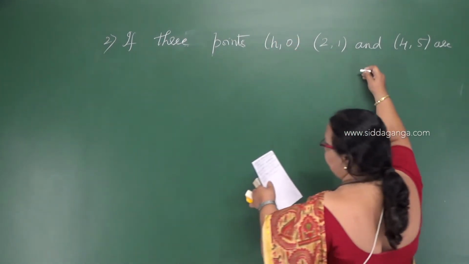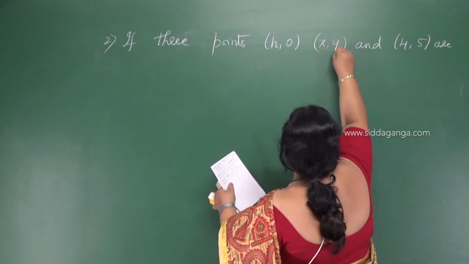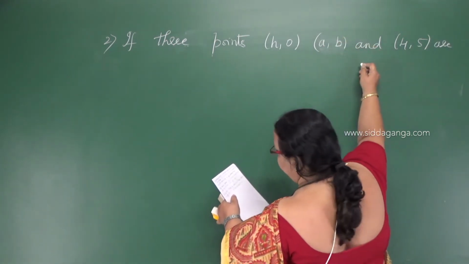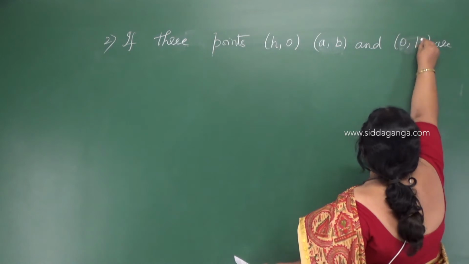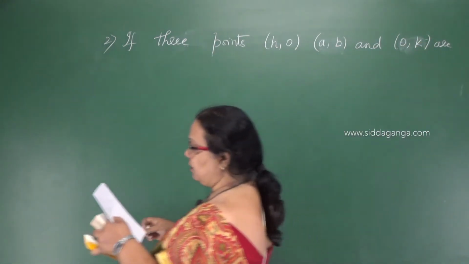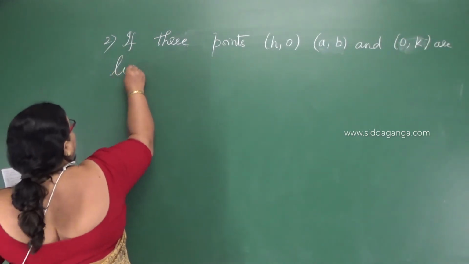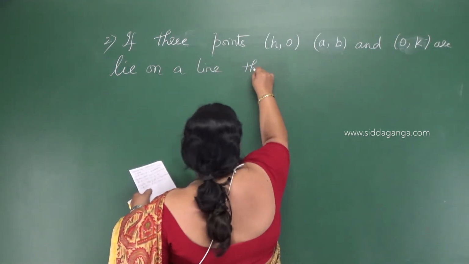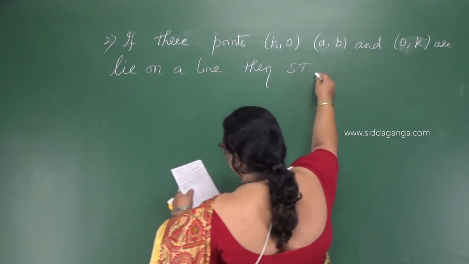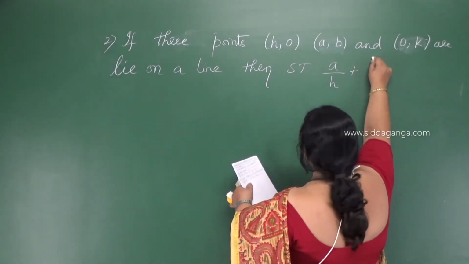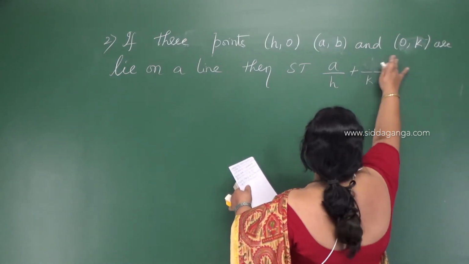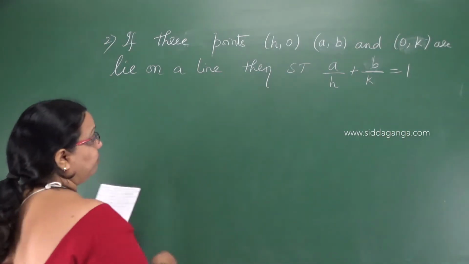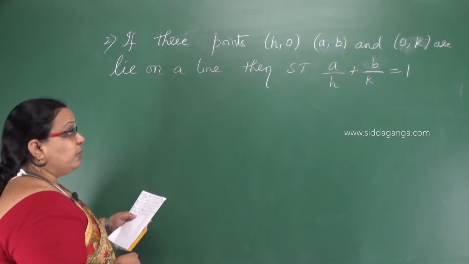So this is the competitive part problem here, and the second point is a comma b, and the third point is 0 comma k, are collinear or lie on a line. Lie on a line means collinear, then we have to show that a divided by h plus b divided by k equal to 1. So a divided by h plus b divided by k equal to 1.